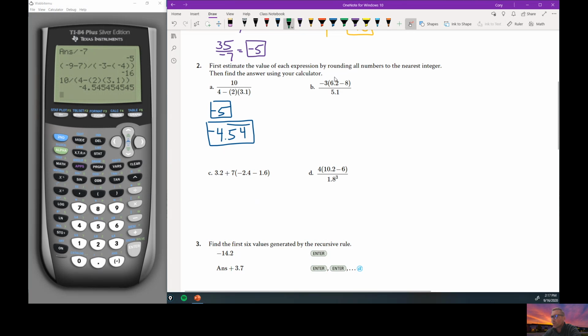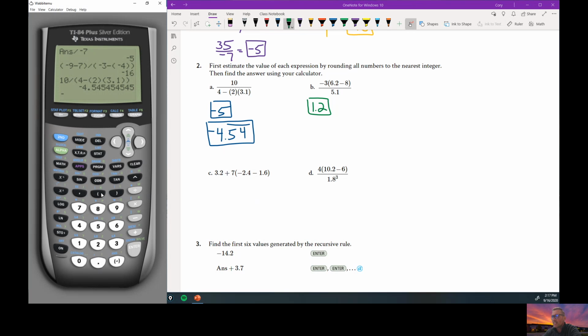All right, B, so 6.2 is about 6, minus the 8 is -2, times 3 is +6, and then 6 divided by 5 is 6/5 or 1.2. Maybe you don't know that as quickly as I might. That's okay.